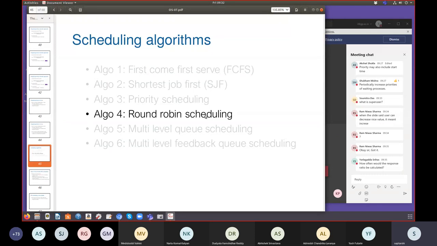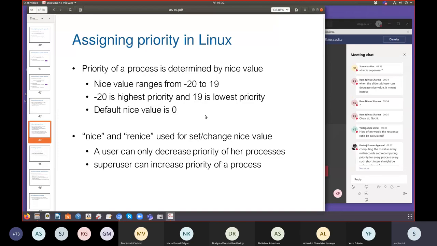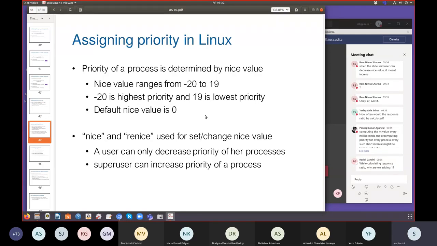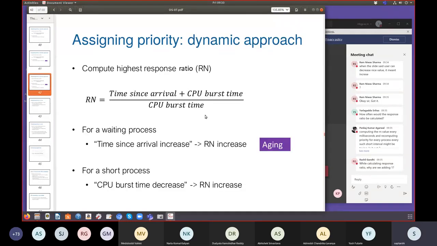Srihash has another question: how often would the response ratio be calculated? I would guess every time. First of all, Rashil is asking, while calculating response ratio, why are we adding 1? We are not adding 1. Where is adding 1 coming in?